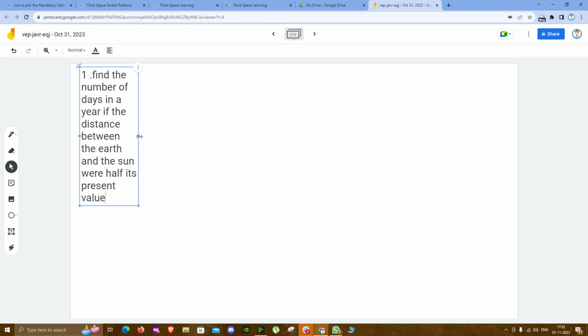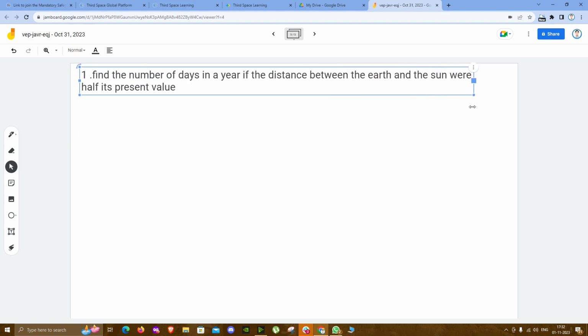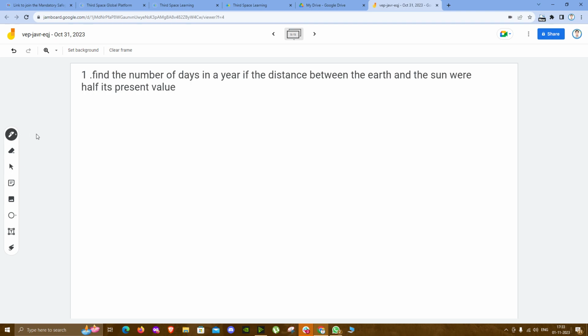Okay, this is what they're asking about. As you can see here, they have changed the distance between the earth and the sun. Then they're asking what will be the change in the time period.